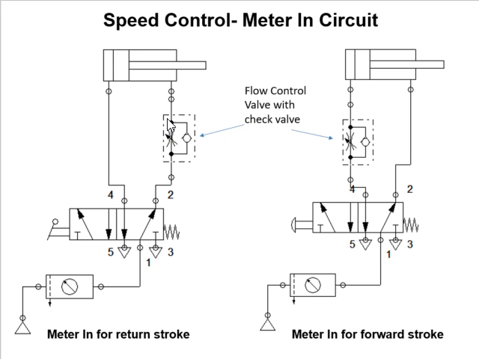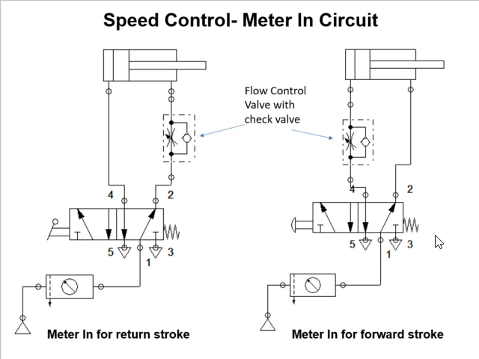The flow rate is not controlled, as it will pass through the flow control valve as well as through the check valve. So we will not get any controlled stroke for the forward stroke. So in this circuit, the meter in is only for the return stroke, because the forward stroke is not controlled.